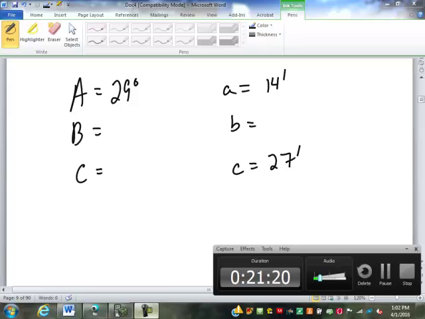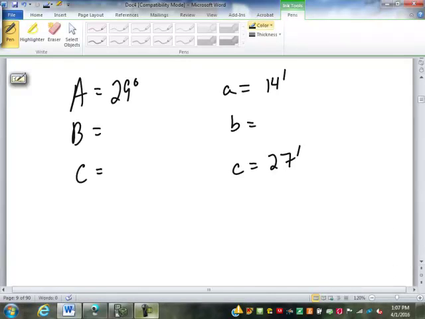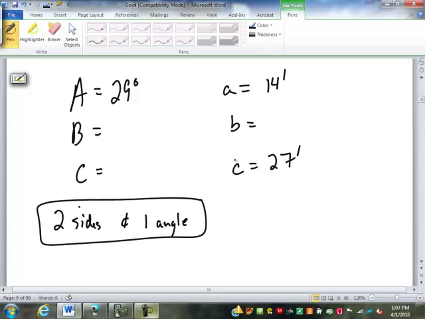Give this one a shot. This one's a little bit different. In this one, we are given two sides and one angle. When we're given two sides and one angle, we have to be careful. Most of you will have found an answer, but it's not the only possible answer.